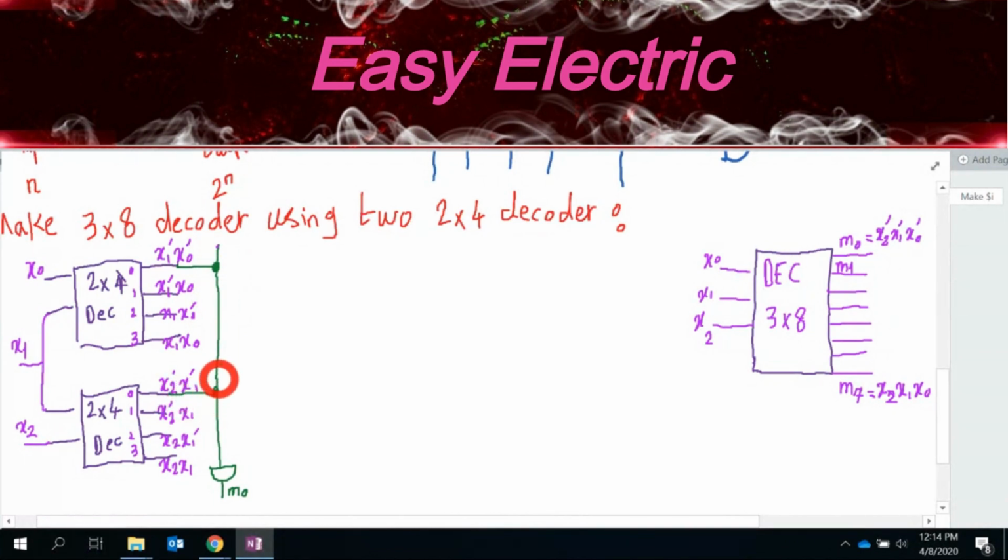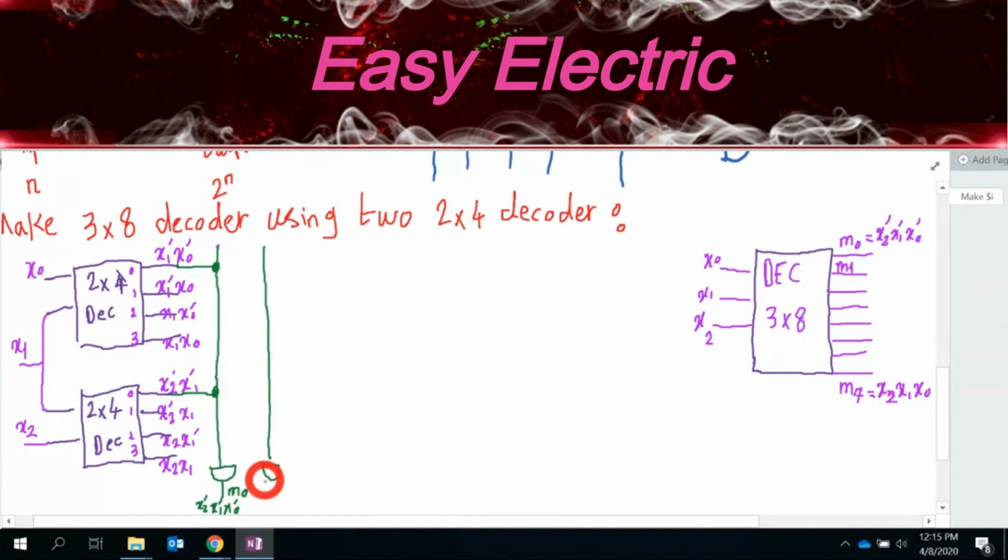So the output is x0' x1' x1' x2', which is the M0 here. The output should be x2' x1' x0'. Okay, so that's it. You do the same thing for all of them. You need 8. So this is the first one, then I'm going to draw the next one.